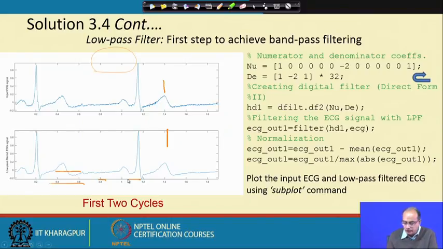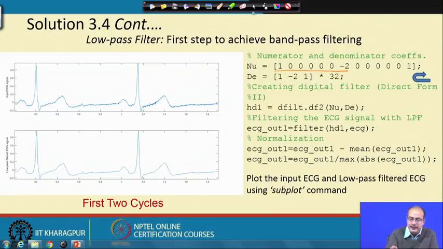The low pass filter we took earlier gives a delay of 6 here, and that is the reason we need to give an offset to remove that.